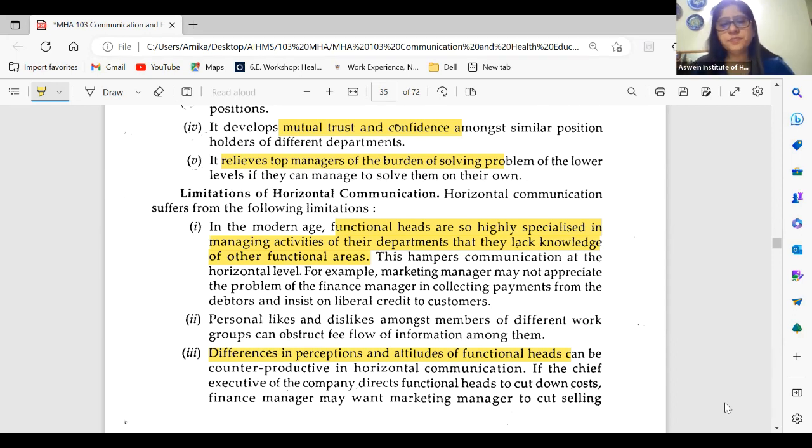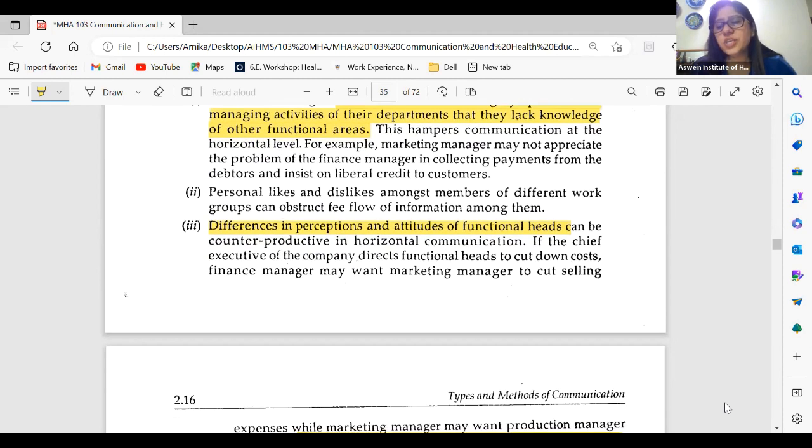Sometimes in horizontal communication, as the top management also leaves the decisions to them, they are not comfortably resolved among the two departments. That is a very important point to be noted here.